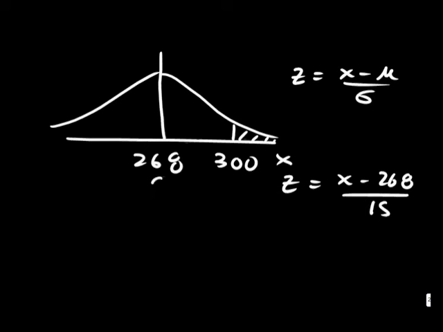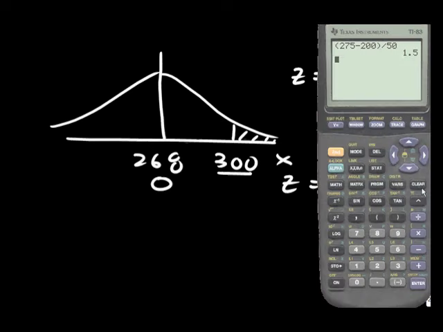We need to know what 300 is as a z value. 300 minus 268 divided by standard deviation here is 15. We get a z-score of 2.13 rounded to the nearest hundredths.